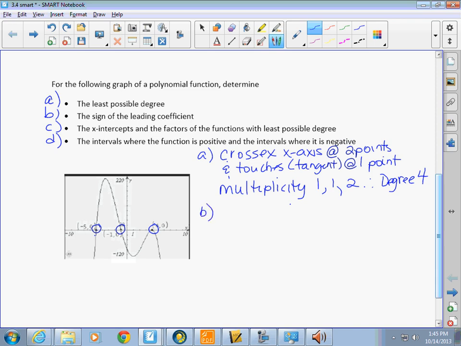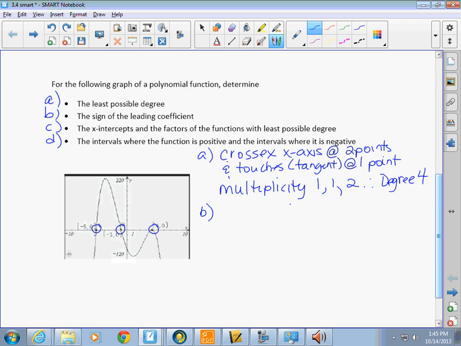Okay, B part asks you to find the sign of a leading coefficient. So if you take a look at those graphs, this graph is going down in quadrant 3 and going down in quadrant 4.